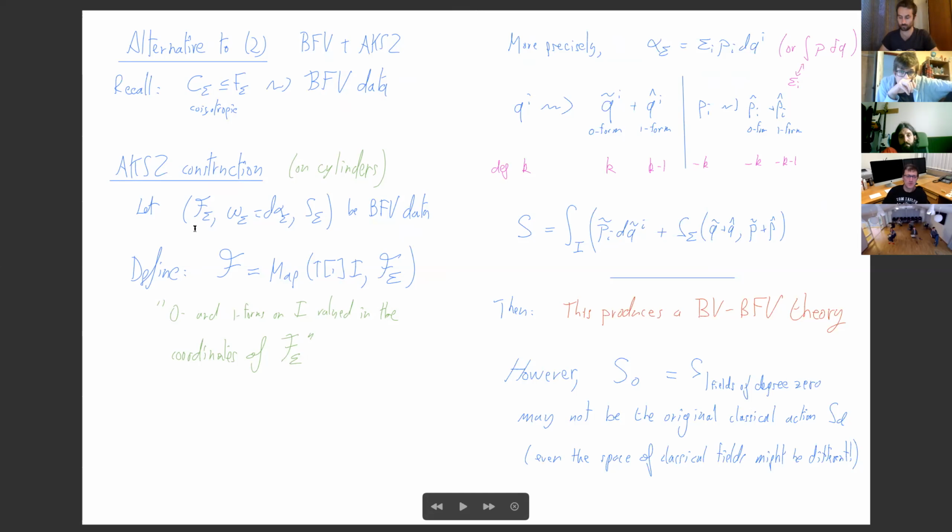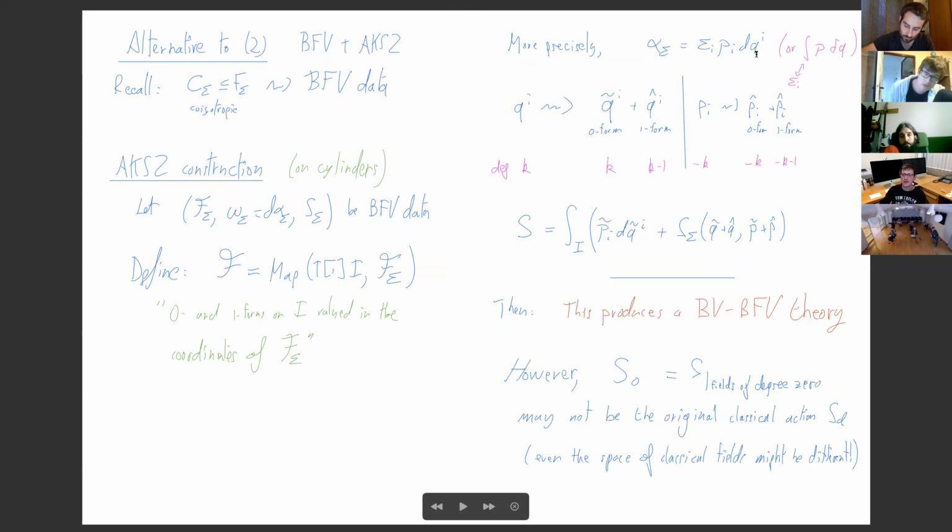So let's do this explicitly. Suppose that you have p, q coordinates on this target symplectic manifold, and this alpha sigma is the usual p dq form. Now p and q are possibly even and odd variables, but they have the same parity. Of course, this is not the most general form you could have, but I will focus on this one.